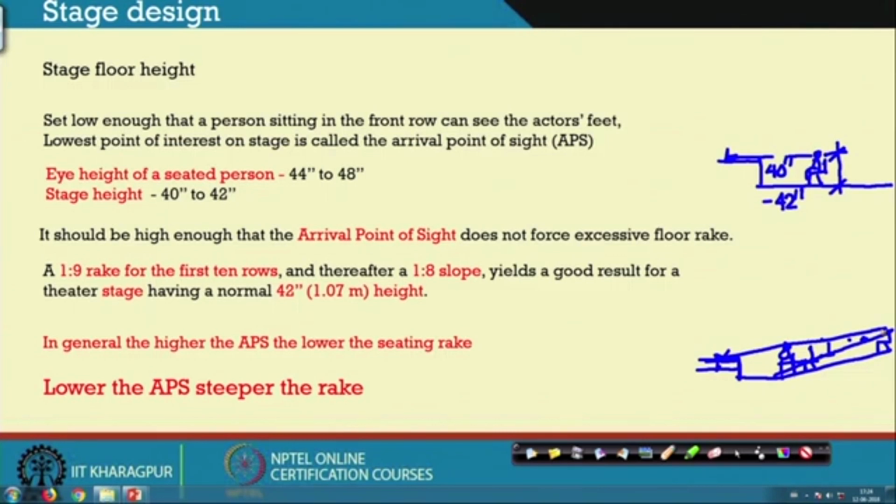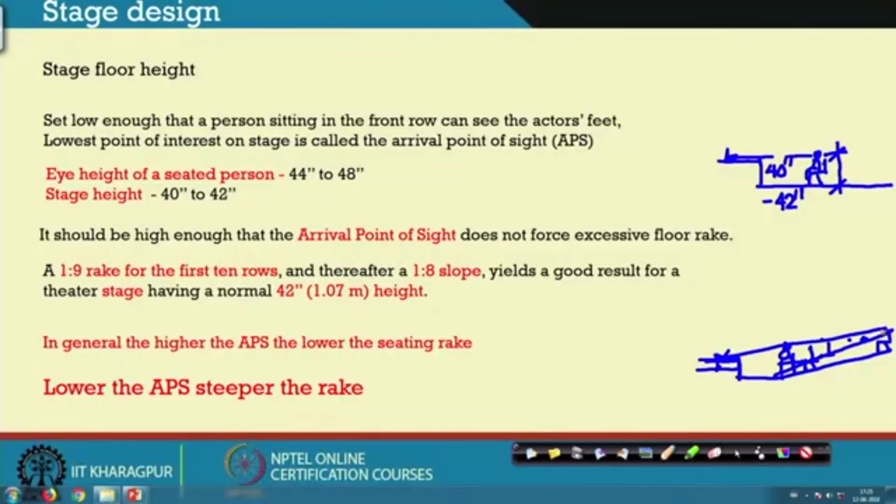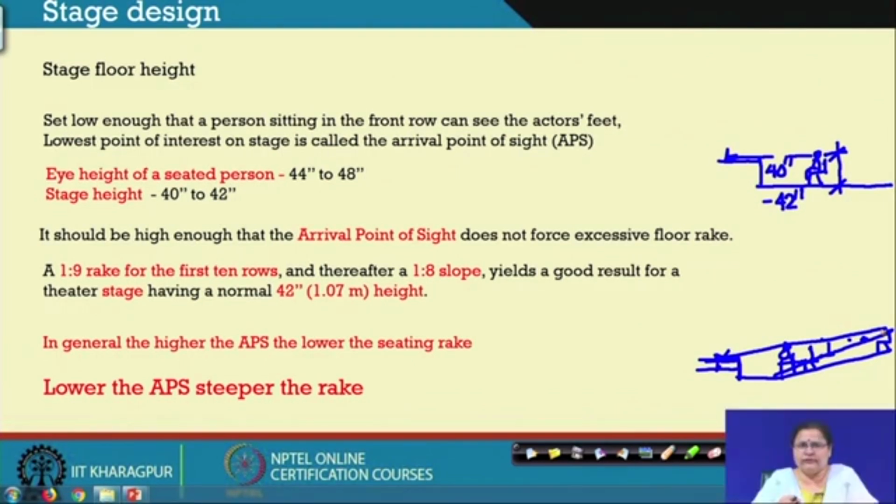So, an optimum is a 1:9 rake for the first 8 to 10 rows, and thereafter a 1:8 slope that can yield a good result for a theatre stage, starting at a height of 42 inches or 1.07 meters. So, the higher the APS, the lower is the sitting rake; the lower the APS, the higher is the sitting rake.